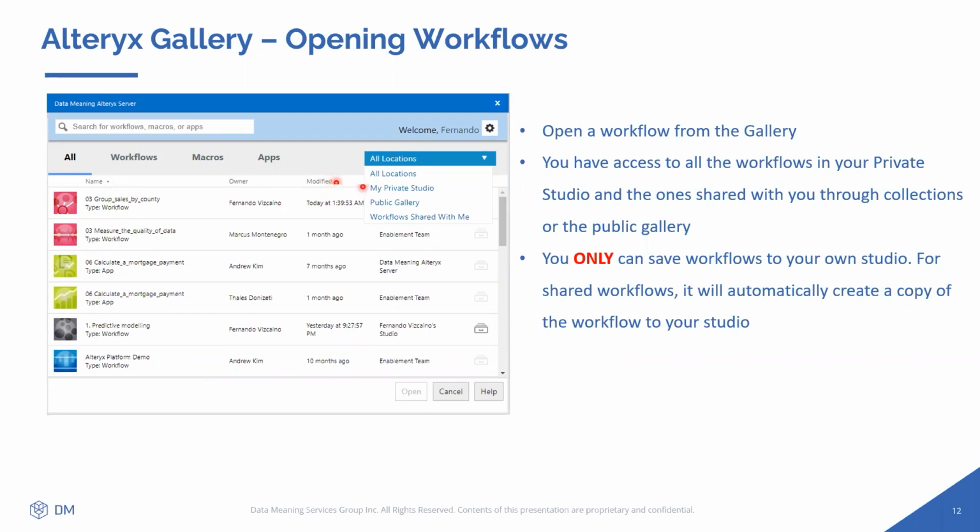The only detail there, as you can see here in red, is this: you can open all of the workflows, but when you are saving a workflow, if you opened one that is not in your own private studio, then you're going to be creating a copy in your private studio. So keep in mind that you can open all the workflows, but if you save that workflow, you'll only be able to create a version if you have that workflow in your private studio.